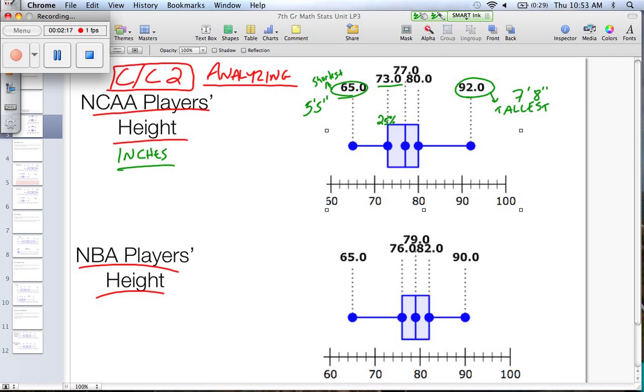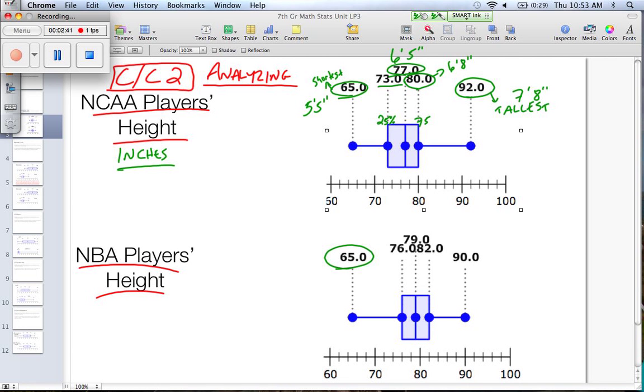My median, or my average, the center, is 77 inches, which is 6'5". And then my upper quartile is 80 inches, which is 6'8".